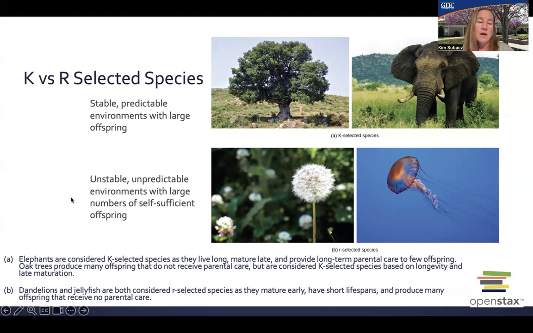So they're living in unstable, unpredictable environments with large numbers of offspring, self-sufficient offspring. So like we just talked about the dandelion, wind blows, we're going to throw seeds wherever we can in the hopes that we're going to run the numbers and some of them will survive. Same with our little jellyfish over here. We're just going to release the offspring in the hopes that they're going to make it.